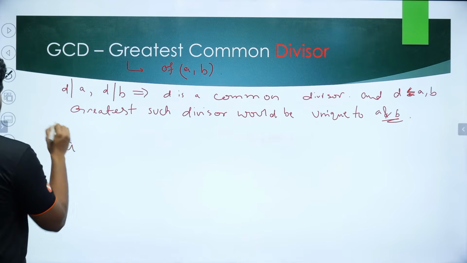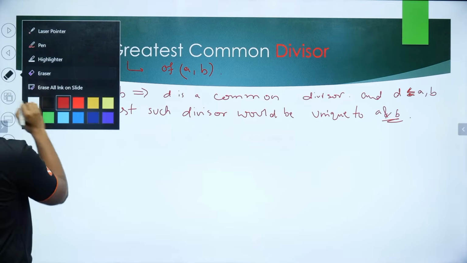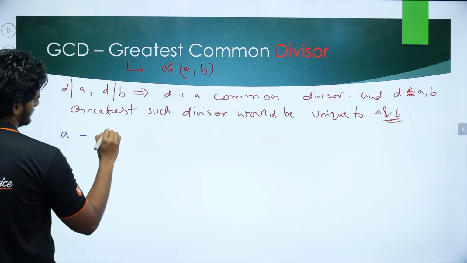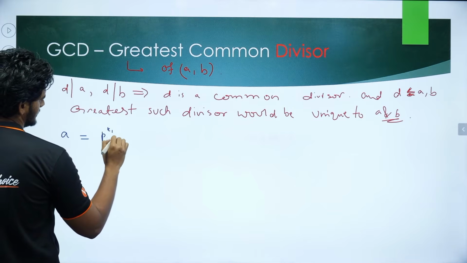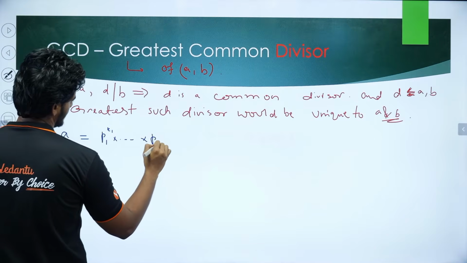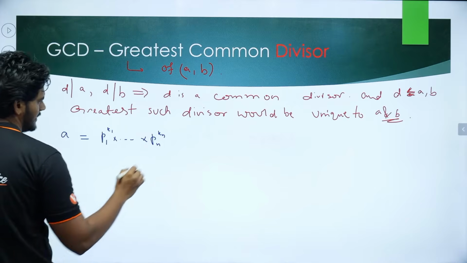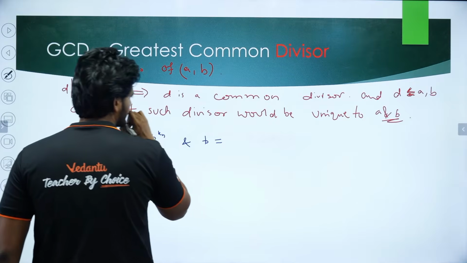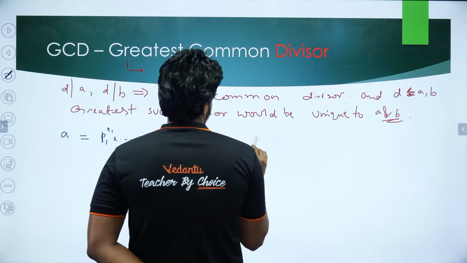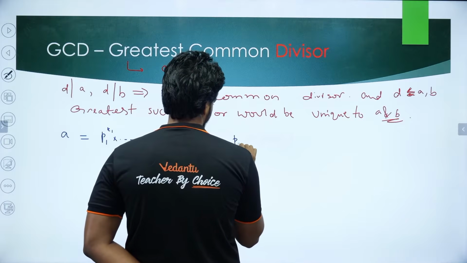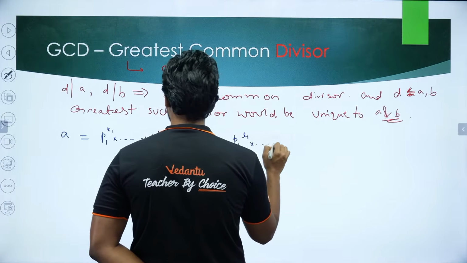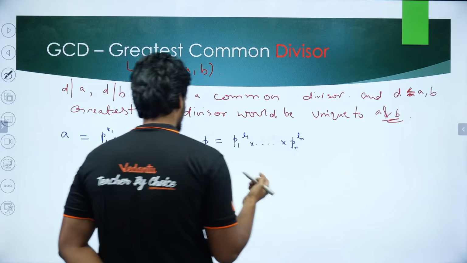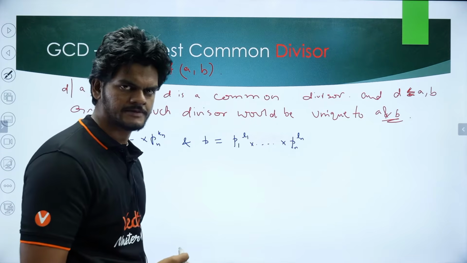So let A be P1 power K1 till Pn power Kn, and B be P1 power L1 times till Pn power Ln. So why would there be the same number of primes in the prime factorization?